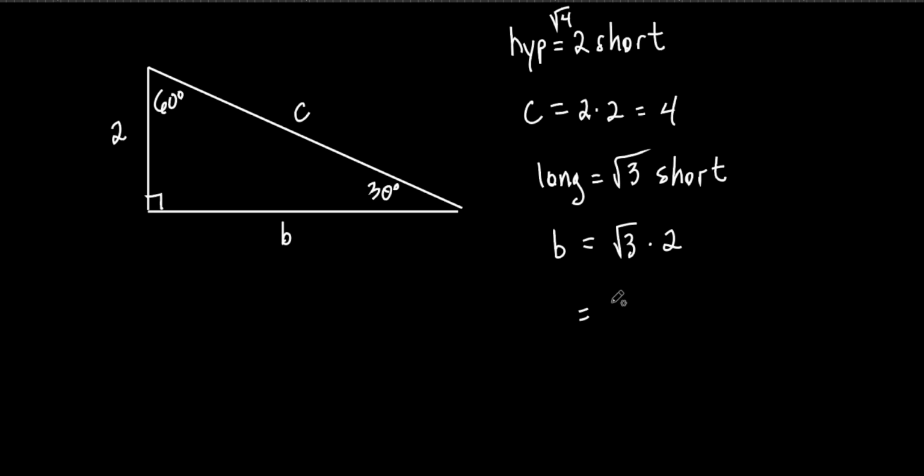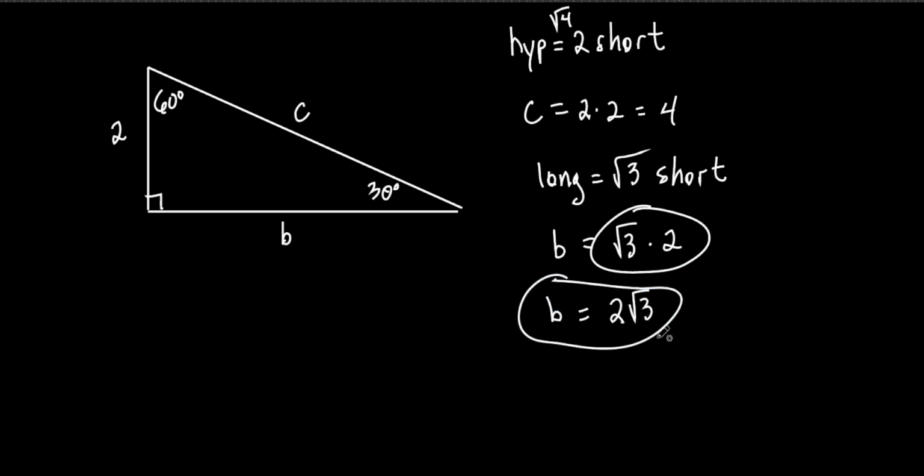I always write the whole number first, so I would write it 2 square root of 3. That technically would not be wrong, and I would give it to you, but this is the better way to write it. We should write it the way you're going to be seeing it. If you see the answer in the back of a book, they're going to write it 2 square root of 3. They'll never write it square root of 3 times 2.